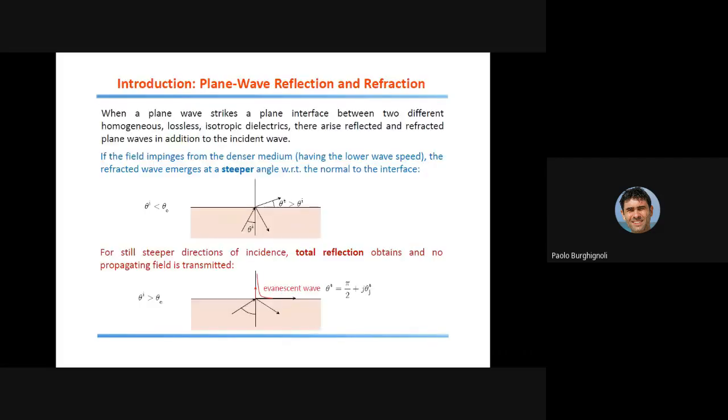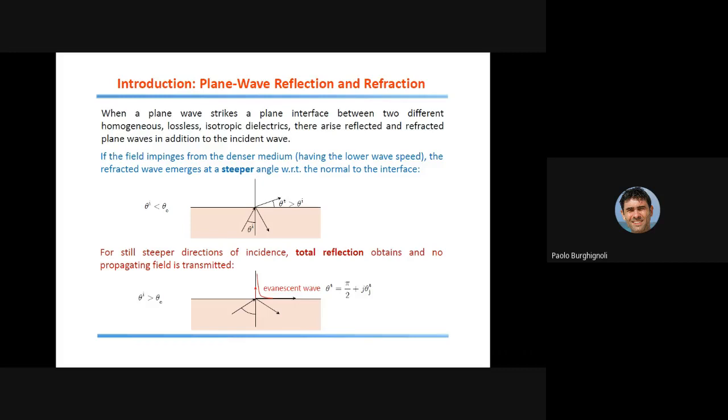And to introduce the concept, let us consider the very familiar problem of plane wave incidence upon a planar interface between two different media that may be assumed to be simple media, in particular isotropic dielectrics. As we all know, in this problem there arise two more waves, one reflected plane wave and another refracted plane wave, of course, in addition to the incident wave.